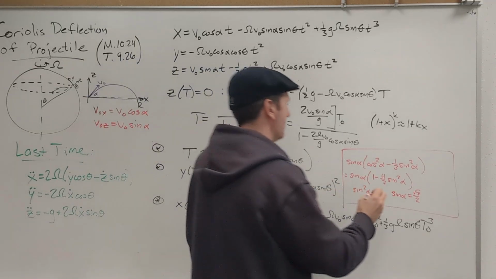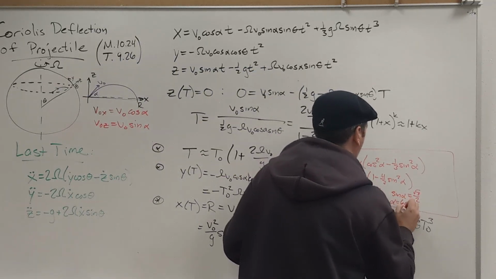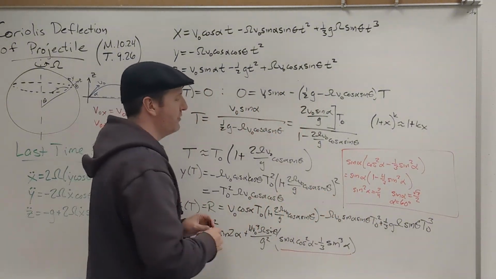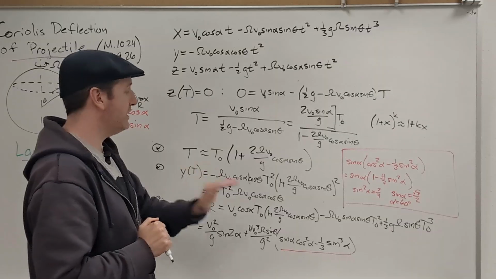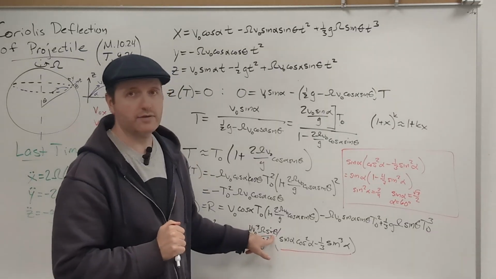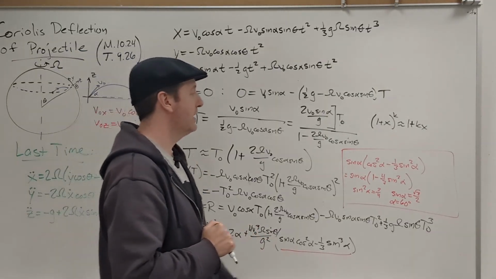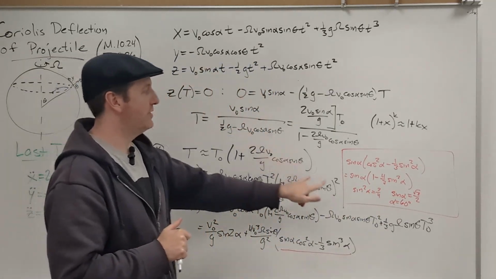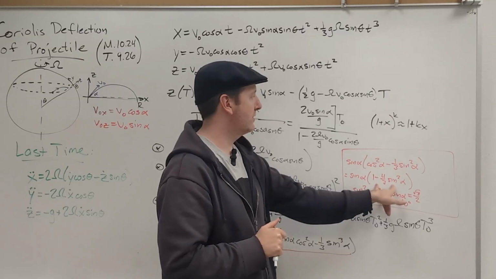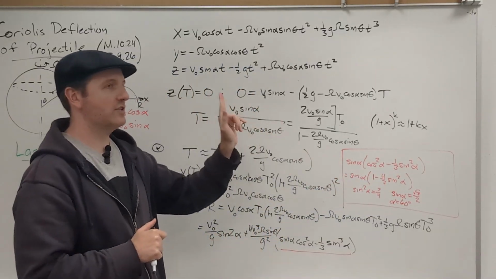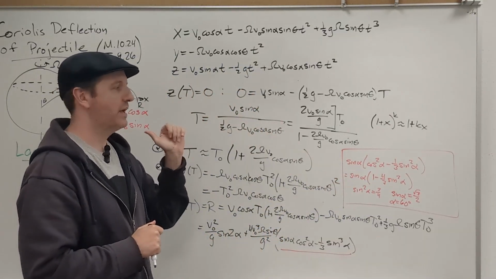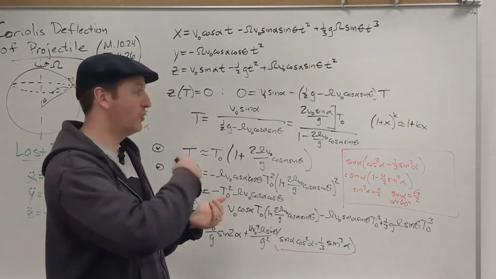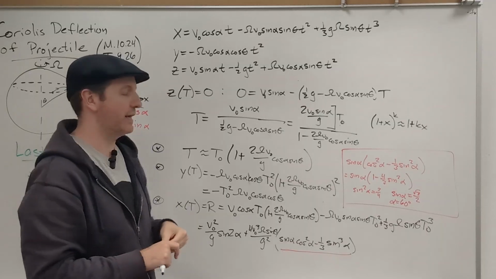That's a 60-degree launch angle. So what that's telling us is if you're launching your projectile, independent of latitude, by the way, at an angle greater than 60 degrees, this term here will be negative, which means it's actually going to be deflected to the west. And if you launch it at something less than 60 degrees, then that will be an eastward or positive deflection.